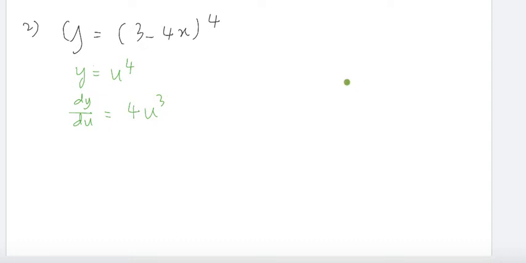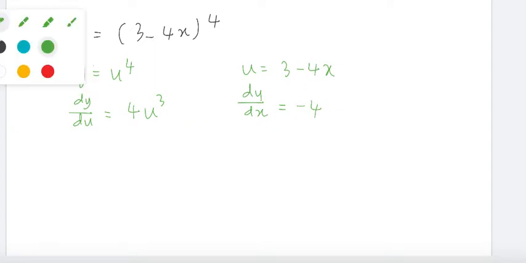This one understand, right? That means u equals 3 minus 4x. So du/dx equals, this 3 is no more, then negative 4. You must know how to differentiate the polynomial that we revised just now. Okay, finish. So now I want to find dy/dx.